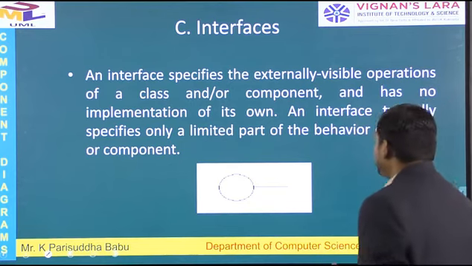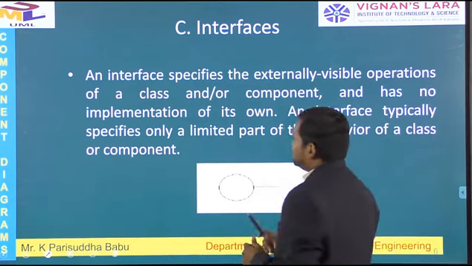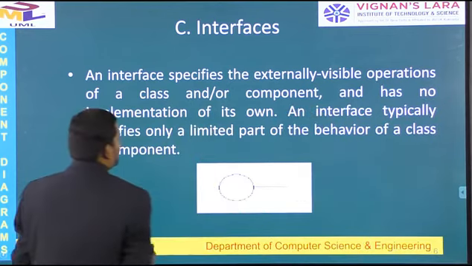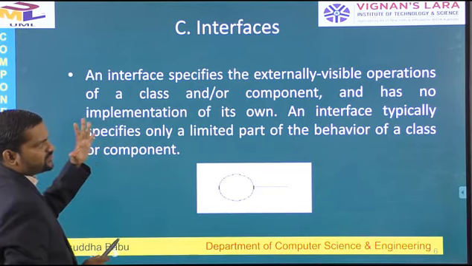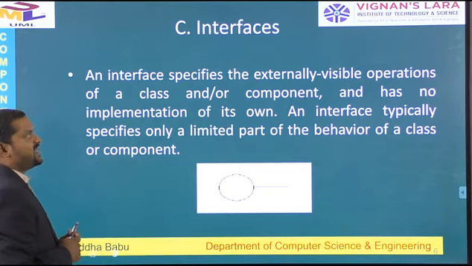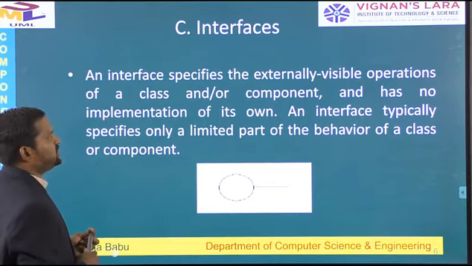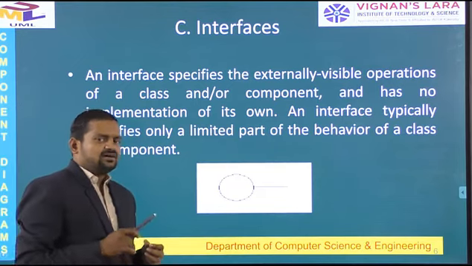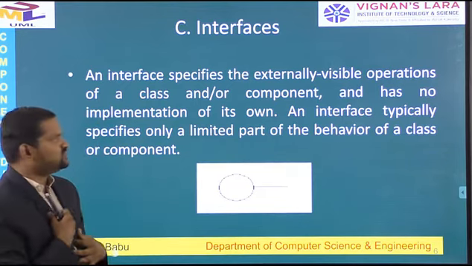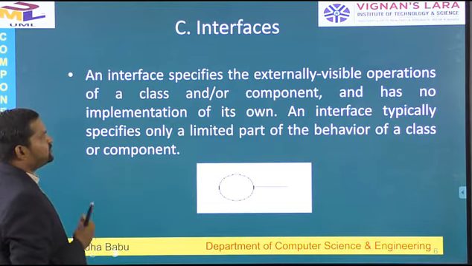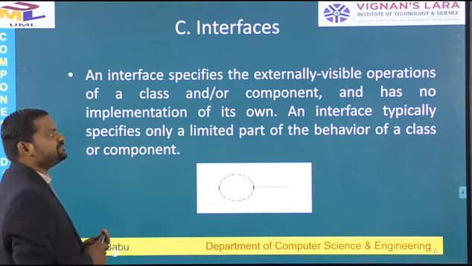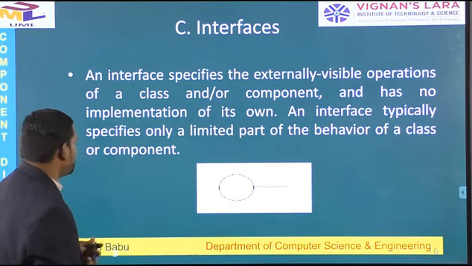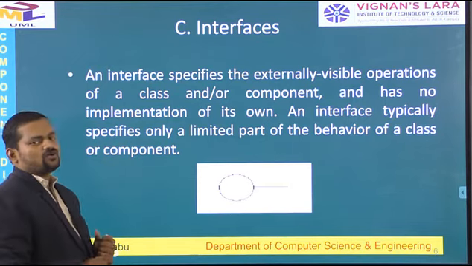Interfaces represent the visible operations of a class and of a component, and have no implementation of their own. But an interface typically specifies only a limited part of the behavior of a class or a component.